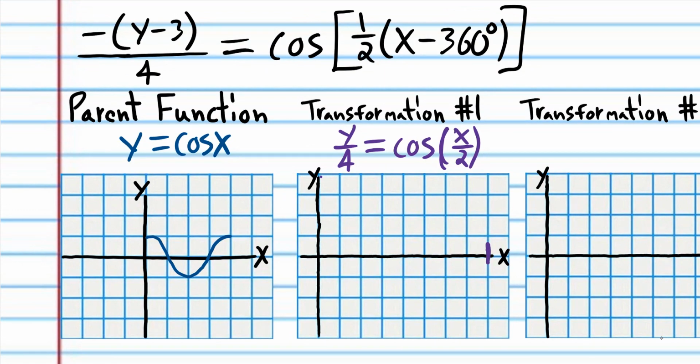So we're going to go all the way up here to the very top, because we have to stretch by a factor of 4. And if the period is 720, then our graph is going to cross there, which is a fourth of the way to 720. It's going to go all the way to there and all the way back up.